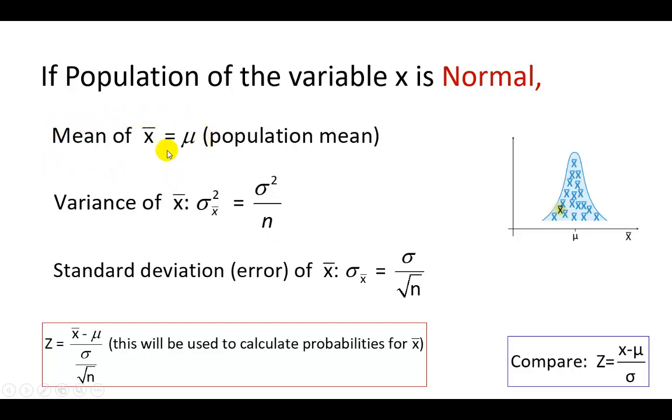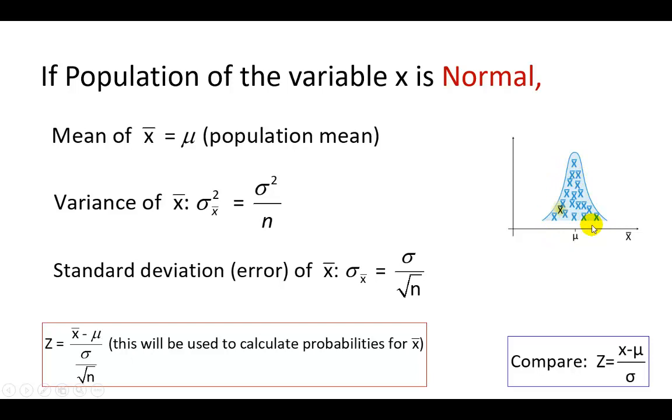Now, the parameters of the distribution would be as follows. The mean of the sample mean would be the population mean, and the standard deviation would be the population standard deviation divided by the square root of your sample size. So again, in talking about distributions, two things. One is the shape of the distribution, and we have ascertained that if the population is normal, the distribution of x bar would also be normal.